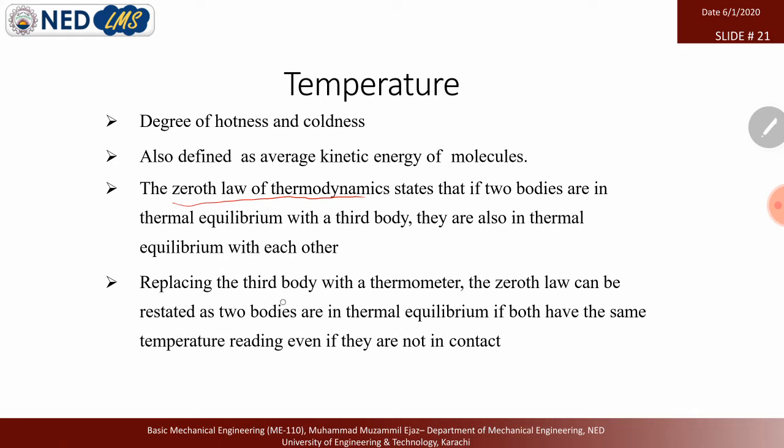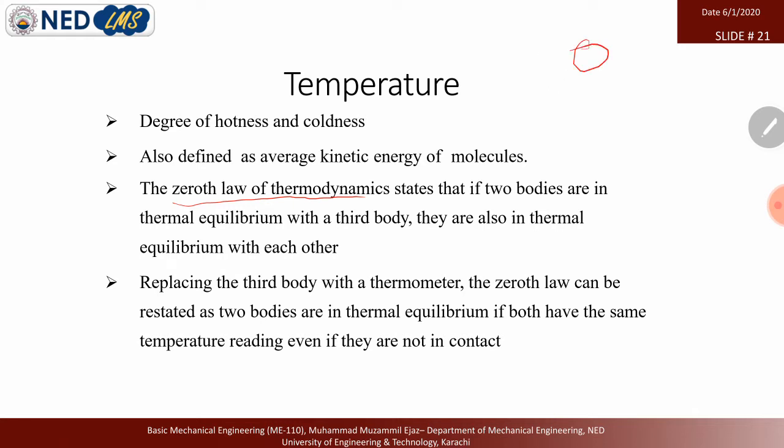Replacing the third body with a thermometer, the zeroth law can be stated as: two bodies are in thermal equilibrium if both have the same temperature reading, even if they are not in contact.